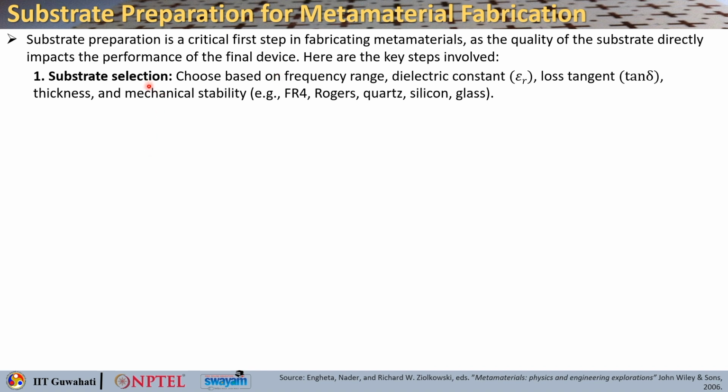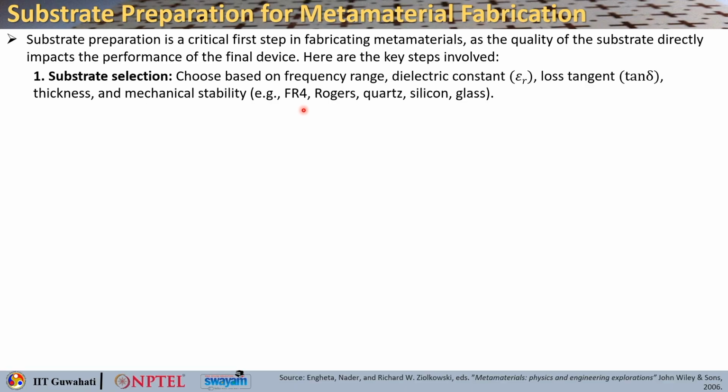First is the selection of the substrate. Based on the frequency range you will be working on, the dielectric constant epsilon r, the loss tangent of the material, thickness and the mechanical stability, you have to choose which one of these is your suitable substrate. Typically you have FR4, Rogers, quartz, silicon, glass, among which you choose.